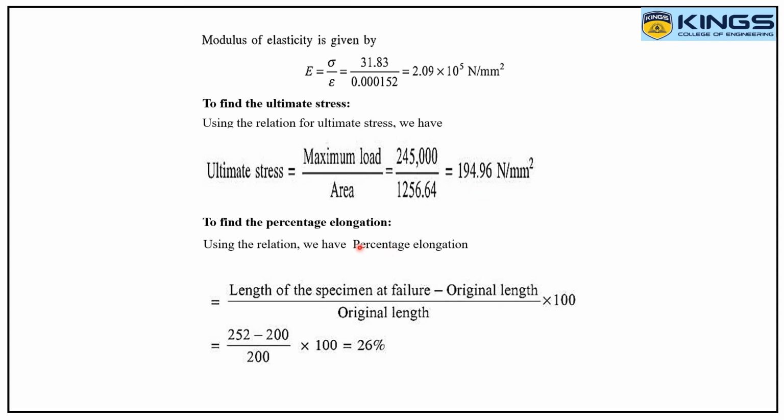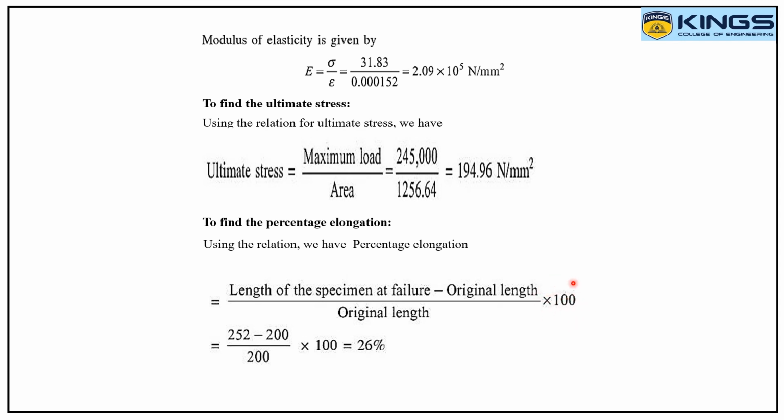To find the percentage of elongation, the last thing asked in the question, we use the relation: percentage elongation is equal to length of the specimen at failure minus original length, divided by original length, into 100, since the percentage is asked.